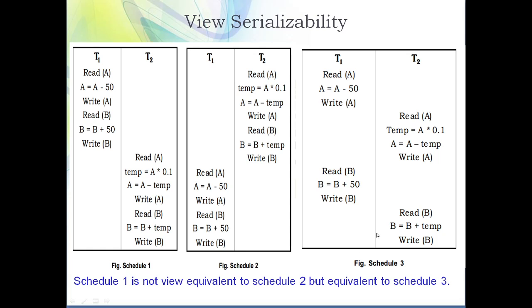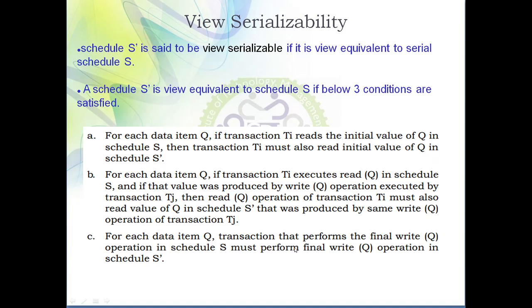But in schedule 3, the final write operation is performed by T2. Hence all three conditions are satisfied between schedule 1 and schedule 3, so schedule 1 is view equivalent to schedule 3, but schedule 1 is not view equivalent to schedule 2 because it does not satisfy these three conditions.